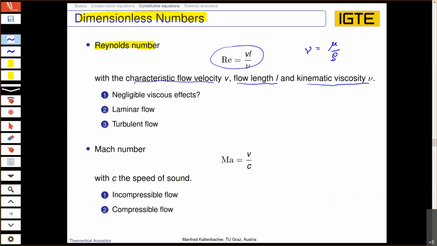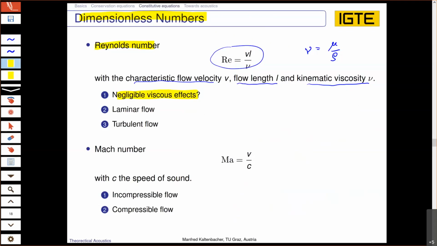Well, that is a very important quantity in this sense. Why? Because we somehow can differentiate, for example, or get an idea if the viscous effects are negligible. And if the Reynolds number is high, we know the viscosity is negligible, and there we speak of high Reynolds number flows, for example, with neglecting viscous effects.